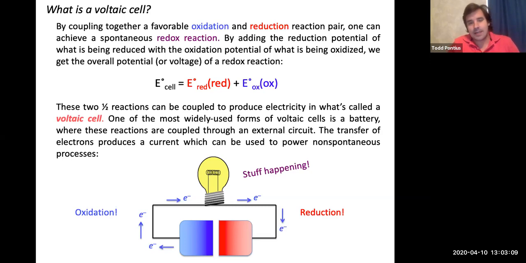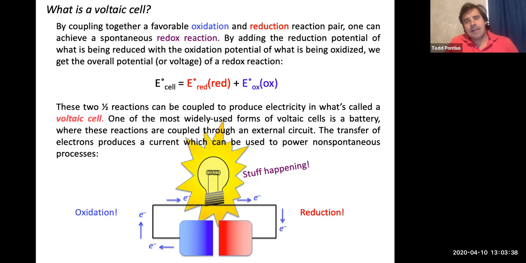The thing that wants to be oxidized loses its electrons. And so down here, we have a diagram of electron flow. The electrons start here and they journey around, and eventually they get to something that they can do work on, in this case, a light bulb. So the movement of electrons allows this light bulb to shine.